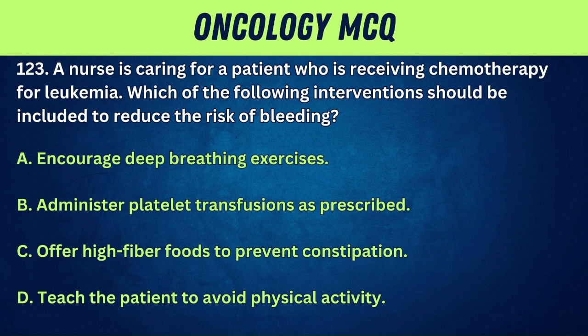123. A nurse is caring for a patient who is receiving chemotherapy for leukemia. Which of the following interventions should be included to reduce the risk of bleeding? A. Encourage deep breathing exercises. B. Administer platelet transfusions as prescribed. C. Offer high-fiber foods to prevent constipation. D. Teach the patient to avoid physical activity.